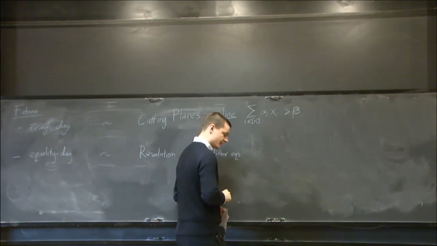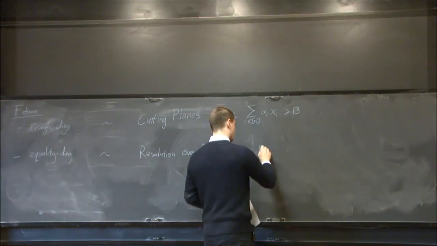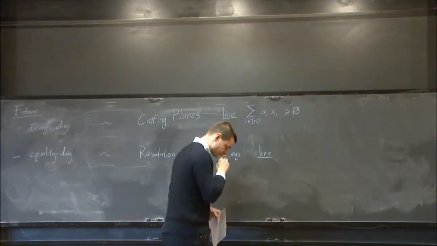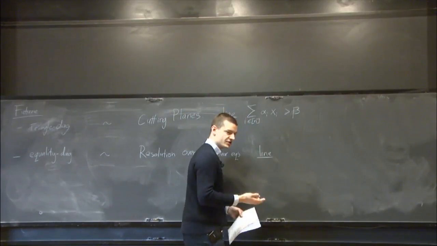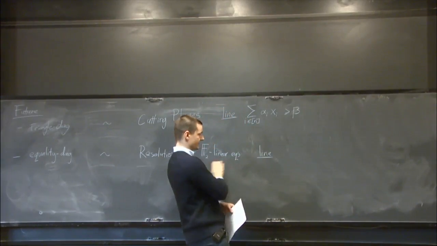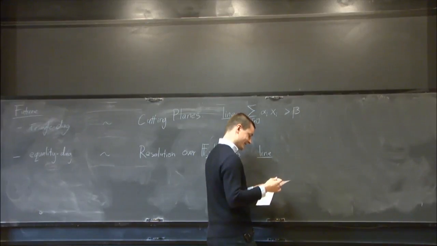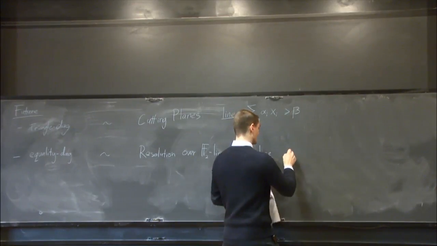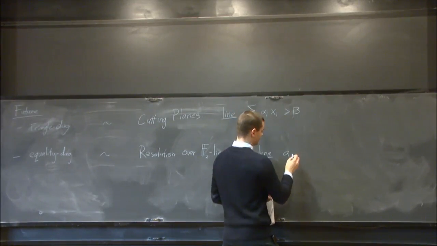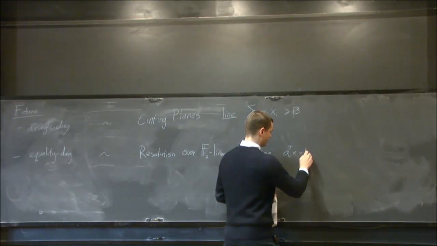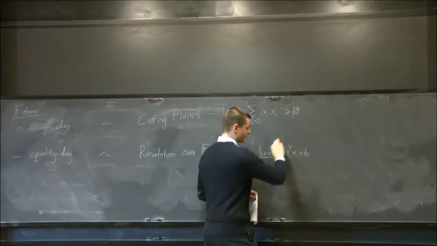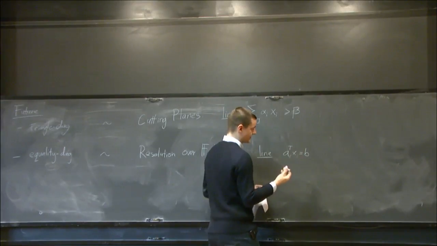So these are proof systems where each line is a disjunction of linear equations. You can write them like this. You have some vectors. So this is all GF2 arithmetic.